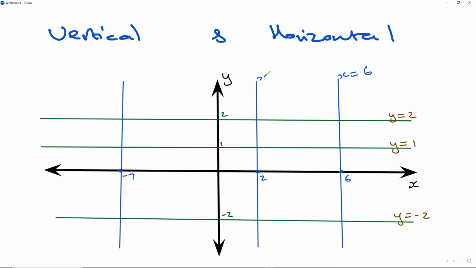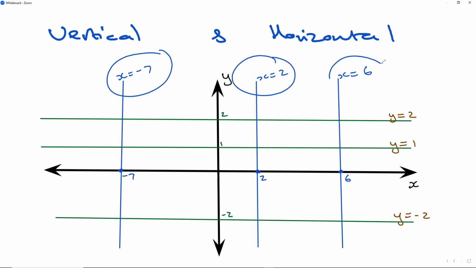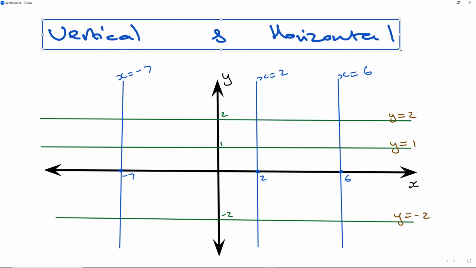And this one would be x equals 2. And this one would be x equals -7. And those will be the labeling of the lines, or the line labels. Vertical and horizontal lines and how we label them. All right, just a good idea of that.